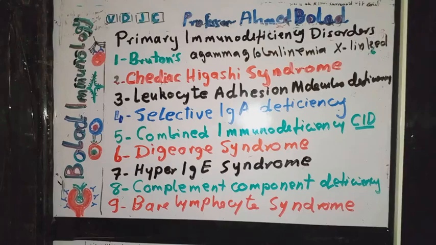Now I am going to discuss some primary immunodeficiency disorders. For example, Bruton's agammaglobulinemia. This primary immunodeficiency results in severe reduction in B cells and all isotypes.